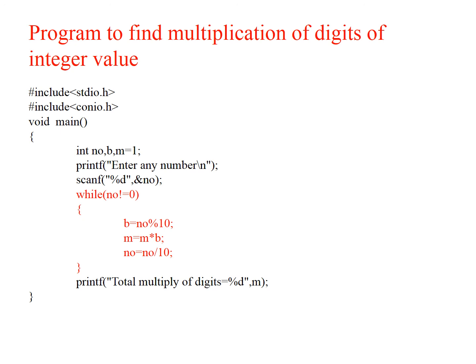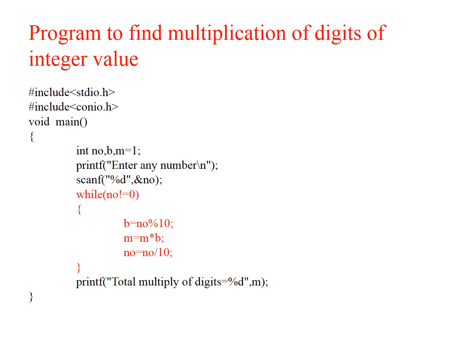Now I am putting the condition over here that while the number is not equal to 0. As we are interested in the multiplication of the individual digits, we have to separate the individual digits, and for that again we are using the same logic, that is we take the remainder of that number with 10, and the remainder is going to be stored here into the b variable.